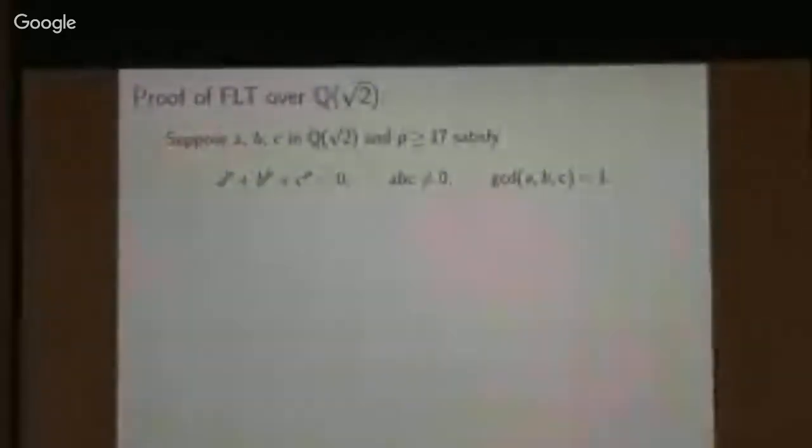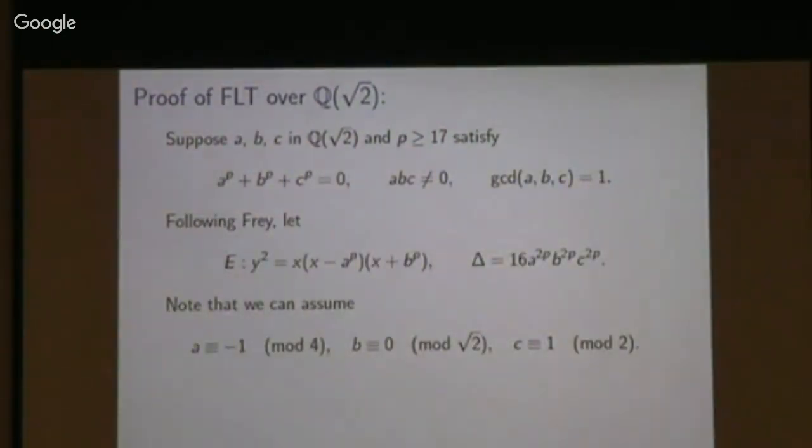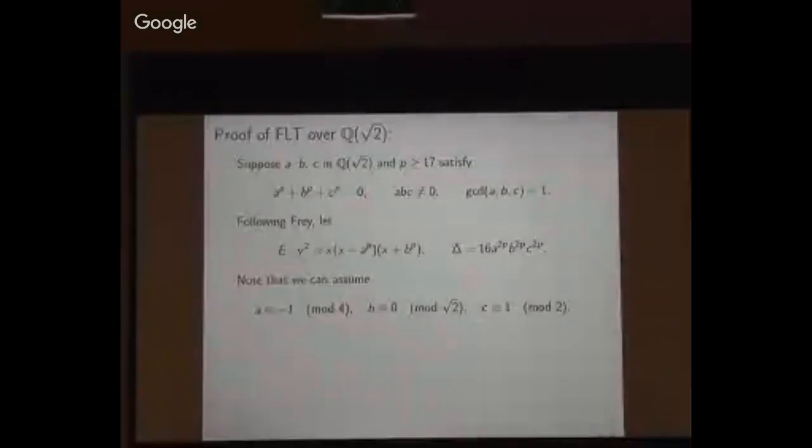We again assume there is a solution. We need P to be at least 17 in this case. We write down the same curve. The discriminant, because the curve has the same shape, is going to have the same properties. Again, we do some extra simplifications. Under these simplifications, we apply Tate's algorithm.